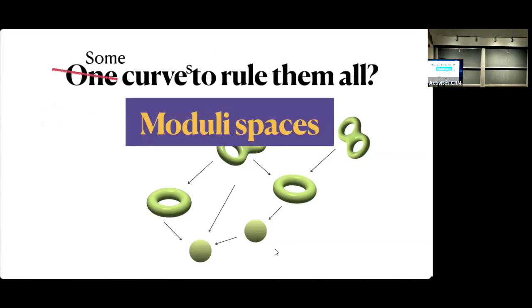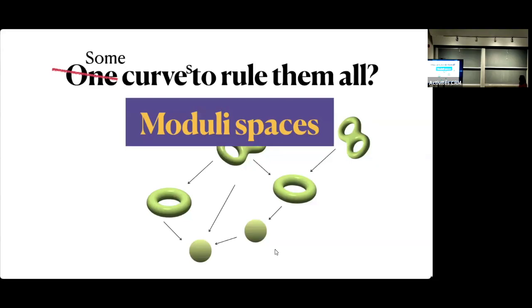Moduli spaces are these really amazing geometric objects that parameterize other geometric objects. When you understand the arithmetic and the geometry of the moduli space well enough, you basically understand the arithmetic and the geometry of everything else. So yes, it really does rule them all.